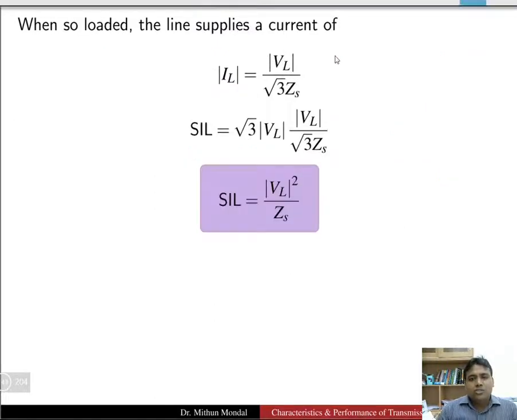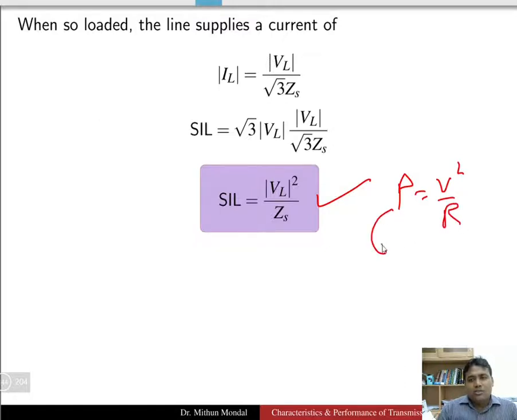If we substitute, we see that the surge impedance loading is equal to VL square by Zs. We know the formula for power is V square by R, so on this line the surge impedance loading is equal to VL, the line voltage, squared, divided by Zs, the surge impedance.